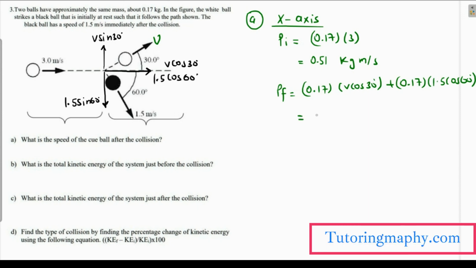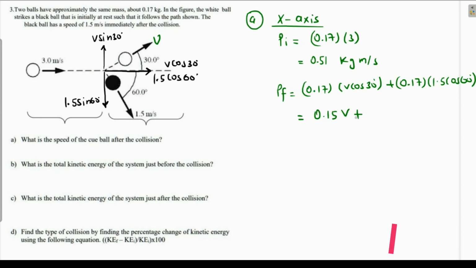So let me just simplify. 0.17 times cos of 30 degrees is going to be 0.15. So 0.15v plus 0.17 times 1.5 times cos of 60 degrees, this is equal to 0.1275. This is the final momentum.